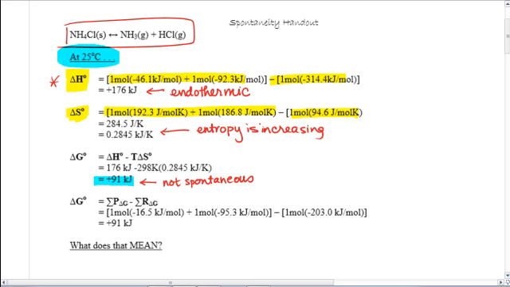Another way to find delta G, because there's two different ones here, is to use the table in the book, the delta G of formations, and just like the Hess's law thing, take the sum of the products minus the reactants and go ahead and compute it. And when you do, you notice you get the very same thing. Again, it is still not spontaneous.